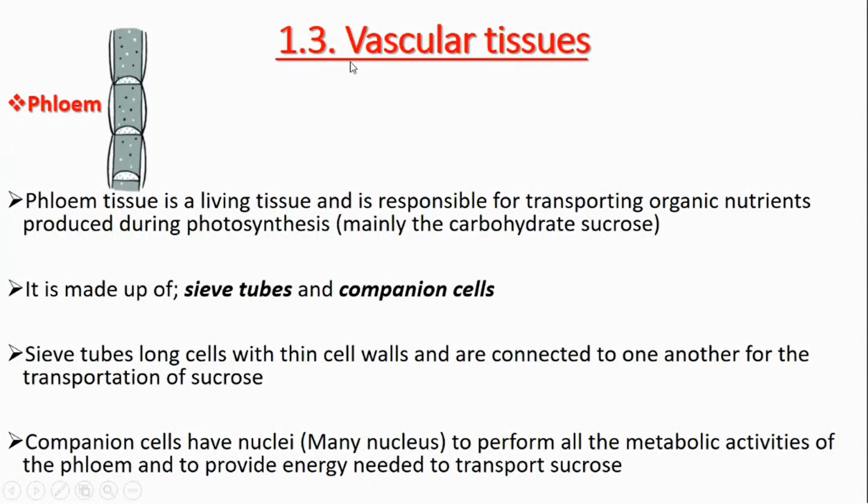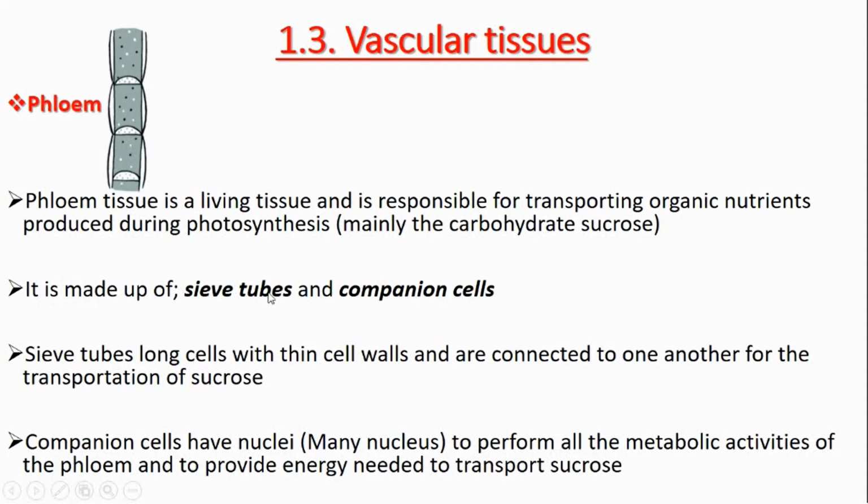Then we have the phloem. The phloem looks like the xylem but is a bit more complex because it is not transporting something as simple as water. So what does the phloem transport? The phloem tissue is a living tissue and is responsible for transporting organic nutrients produced during photosynthesis, mainly the carbohydrates known as sucrose. The phloem transports organic nutrients from the leaves to the roots and the stems.